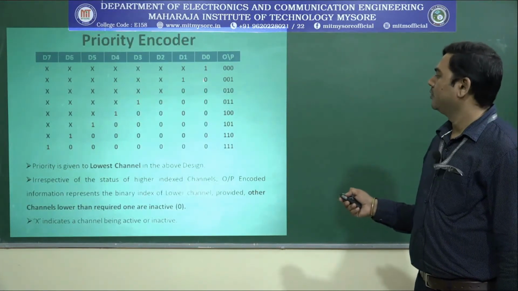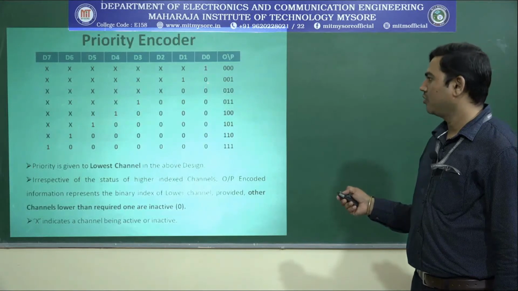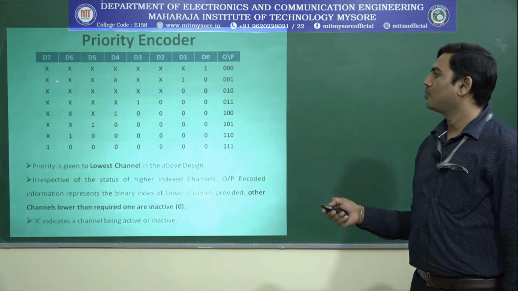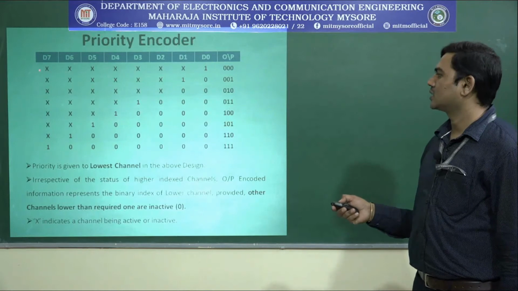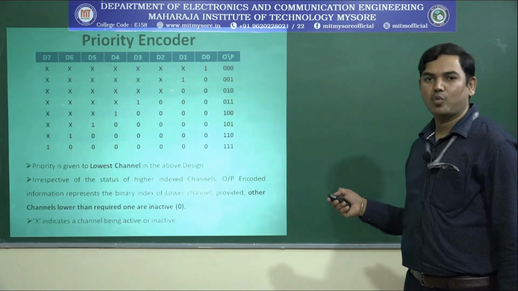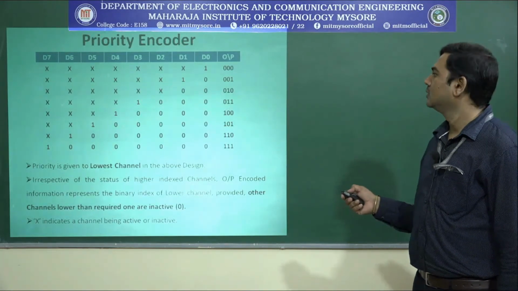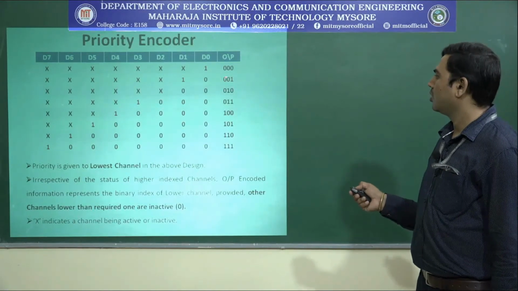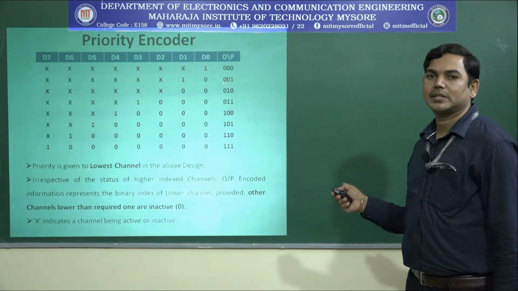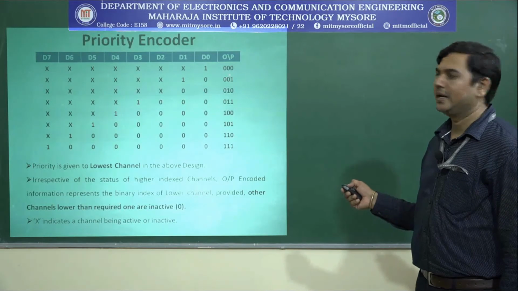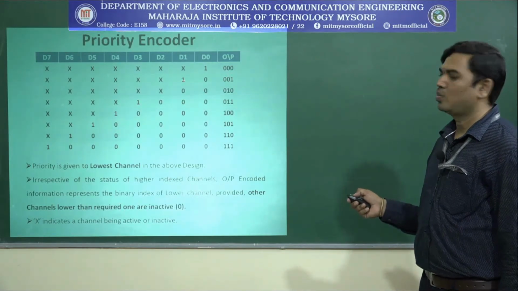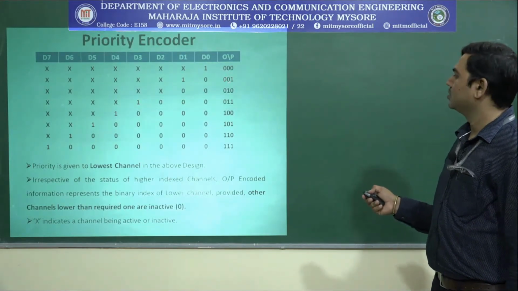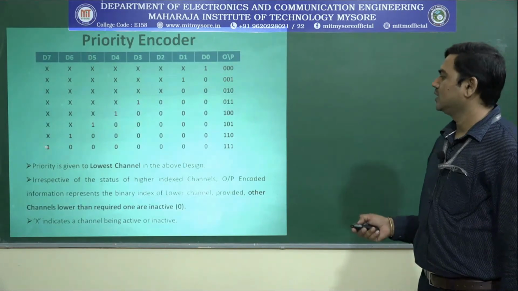So, if D0 is off and you have pressed all other channels from D7 to D1, then the output code of the encoder will represent the binary index of channel number 1 in the form of 0, 0, 1.